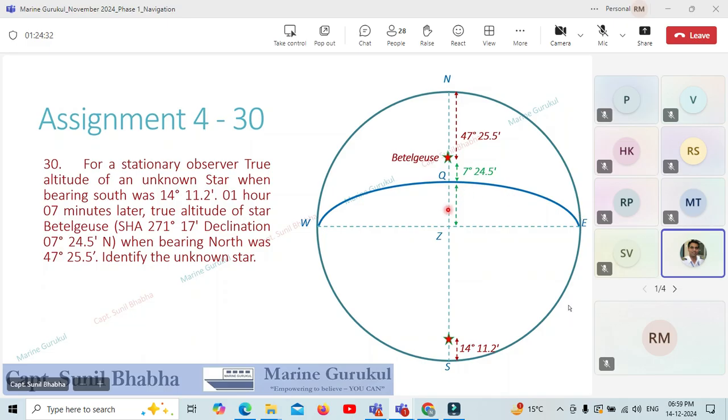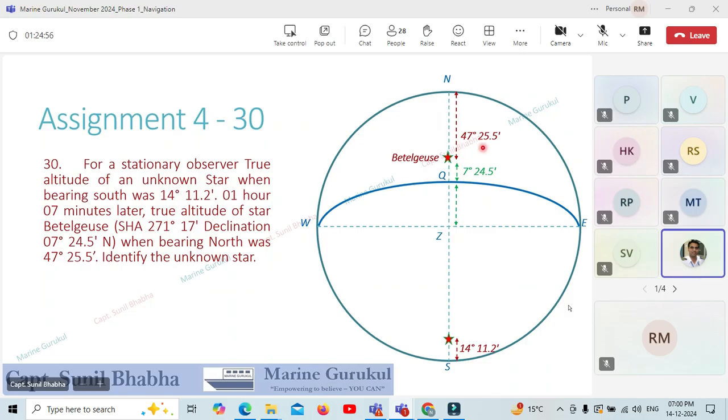Now I can easily find out the arc Z to Q. I know what is N to Betelgeuse. It is 47°25.5'. I know Betelgeuse to point Q is 7°24.5'. And I know N to Z is 90 degrees. 90 degrees is the radius of this diagram.